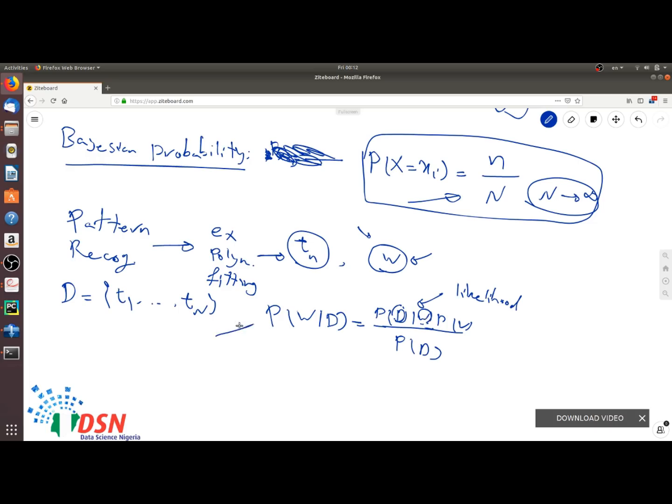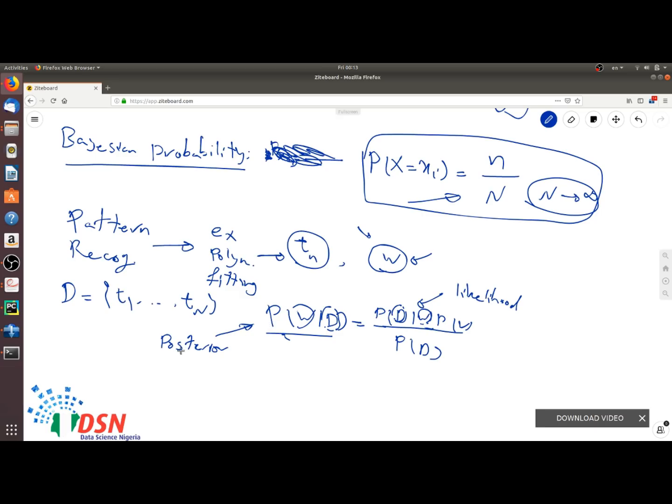And we call this one the posterior, because when we see some data, we derive new W's. We change our intuition about W based on the observed data.